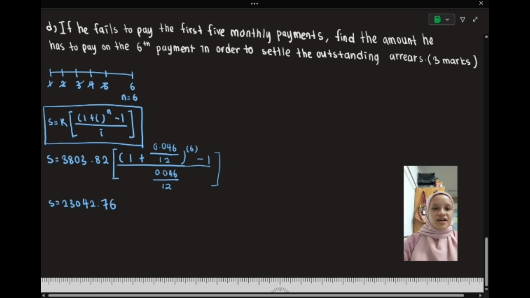This question asks us to find the S. N equals 6 because he failed to pay the first 5 monthly payments, and he wants to settle the previous payments and the 6th payment, which is N equals 6. We put all the information from our previous question in the formula, and then we must put the new N, which is 6. So S equals 2304.76.